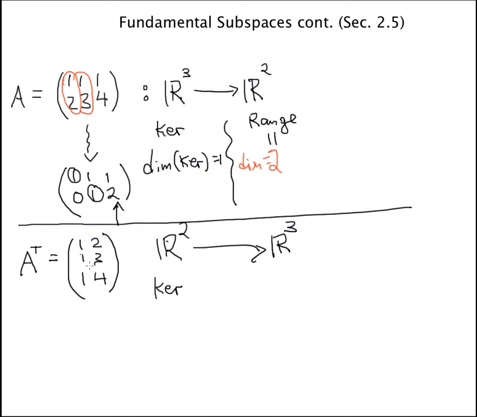Well, let's see, if you put this in row echelon form, it looks like it's going to have two pivots and no free variables. Whereas over here, if you look at the span of the columns, it's clearly 2. So the dimension of the range is equal to 2. All right.